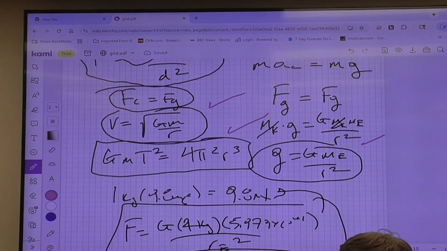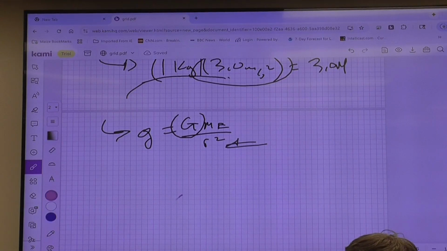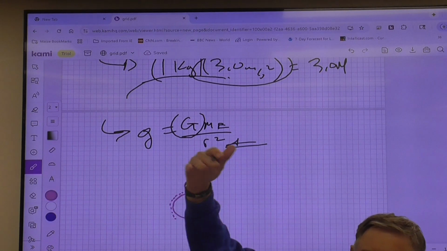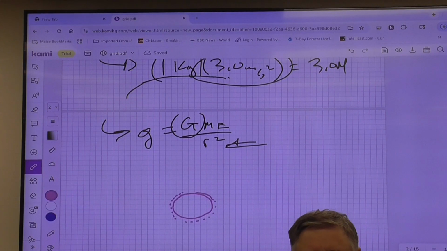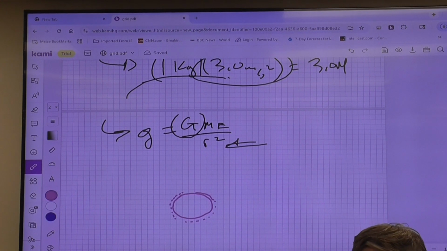Now, the other idea is that because centripetal force equals gravitational force, if you're in orbit, and I have to stress this, very, very near to the surface of any planet, this doesn't work if you're further out. But if you're in near Earth orbit or near lunar orbit, near Saturn orbit, whatever, it doesn't make any difference.